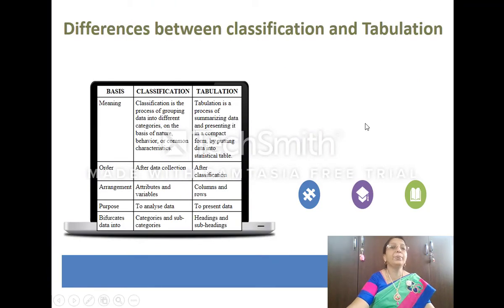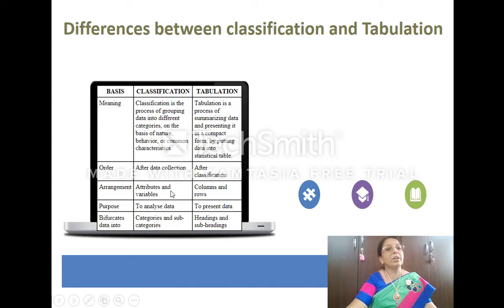Now the difference between classification and tabulation. This is on the basis of the meaning. Classification is grouping data based on the similarity of characteristics. Tabulation is summarizing the data that is classified, and classification is done after collection. Tabulation is done after classification.